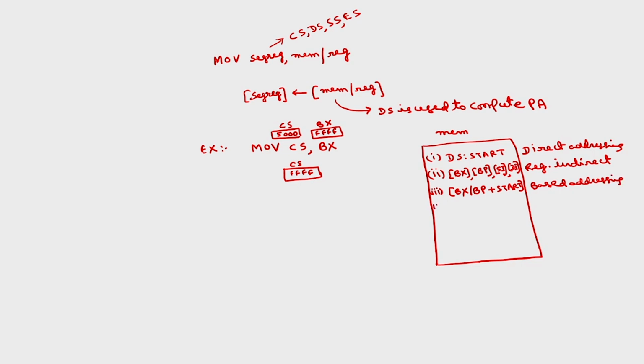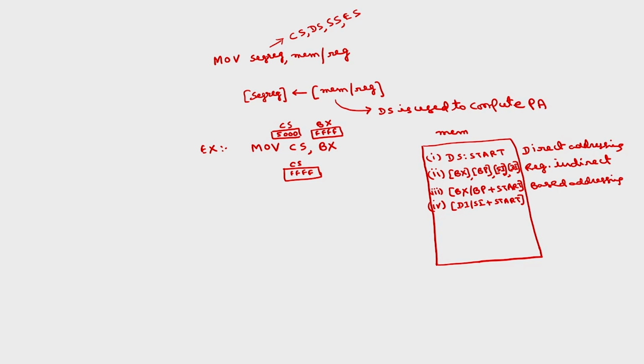In index addressing mode, this can be either SI or DI plus some offset, which is defined by the assembler.